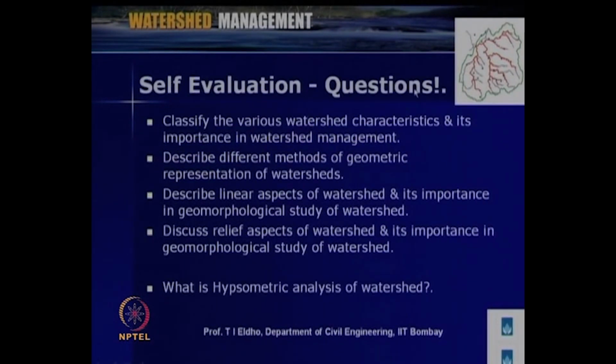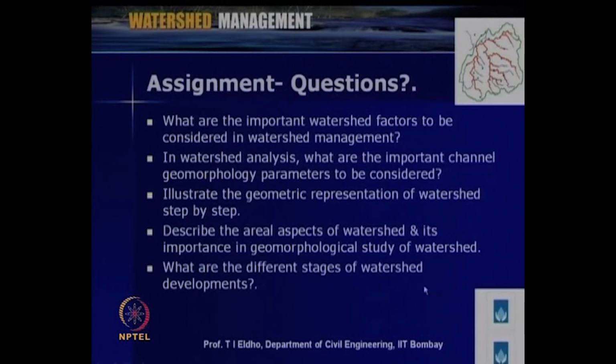And a few self evaluation questions: classify the various watershed characteristics and their importance in watershed management; describe different methods of geometric representation of watersheds; describe linear aspects of watershed and their importance in a geomorphological study of watershed; discuss relief aspects of watershed and their importance in geomorphological study; and what is hypsometric analysis of watershed.